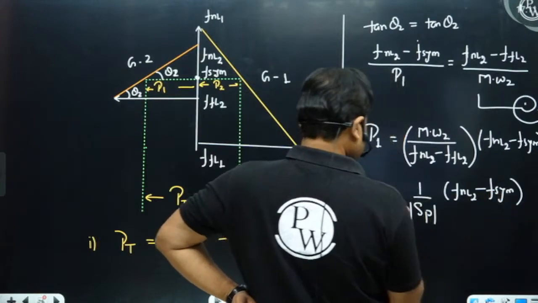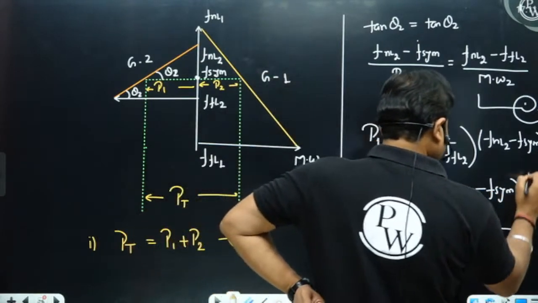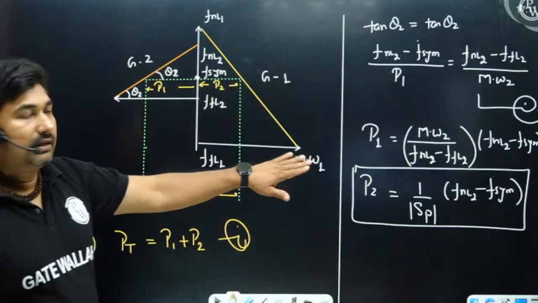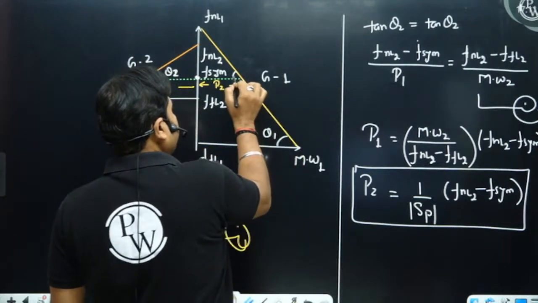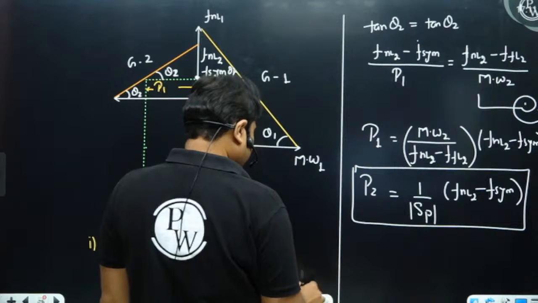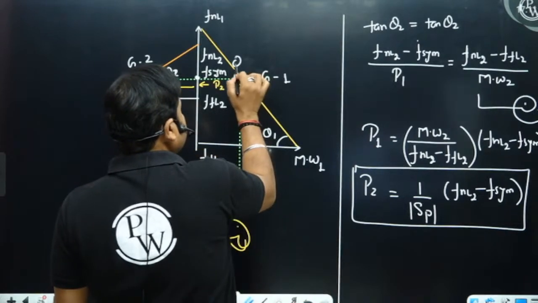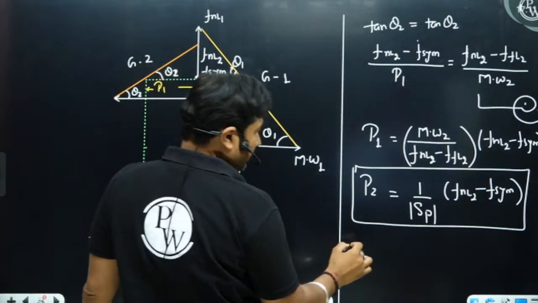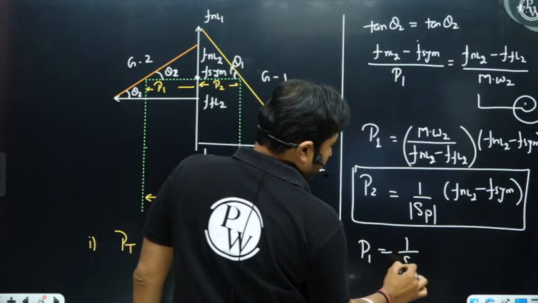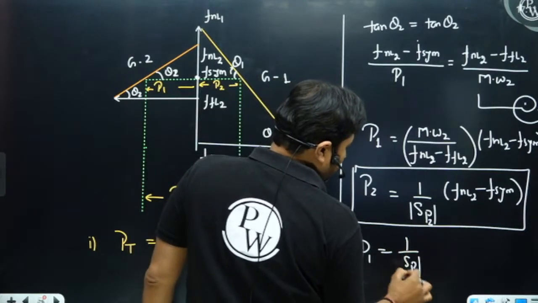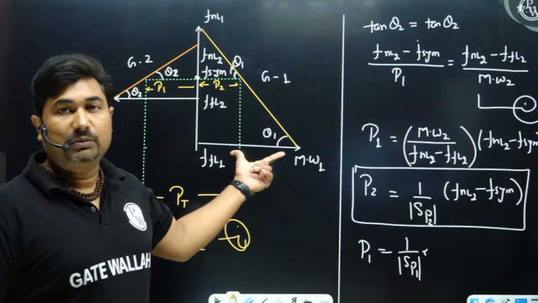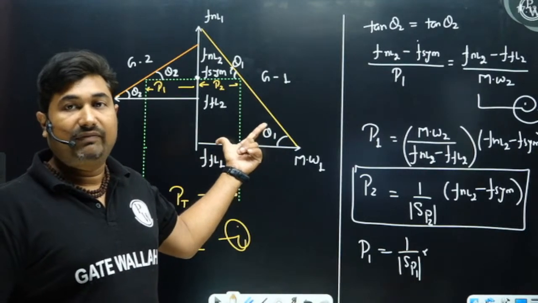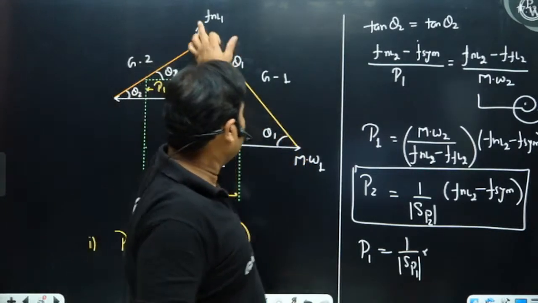In the same way, like I did for this, you can write for theta 1 and theta 1. If you calculate, then P1 will become 1 upon the slope of P1, which is megawatt rated divided by FNL1 minus FFL1. This is the slope of the droop.